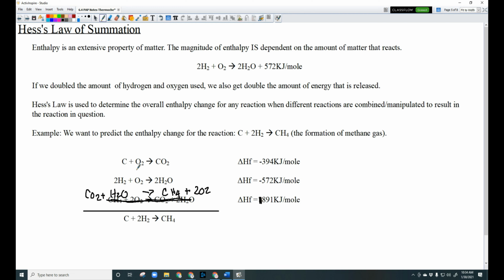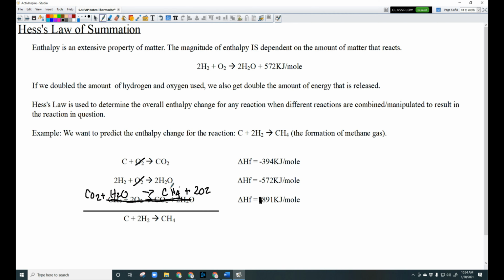So what I mean there is that if it's a product on this side, it can cancel with a reactant on this side. So say, for example, I have O2 here. I have one O2 here and one O2 here. That's two O2s. I have two O2s.